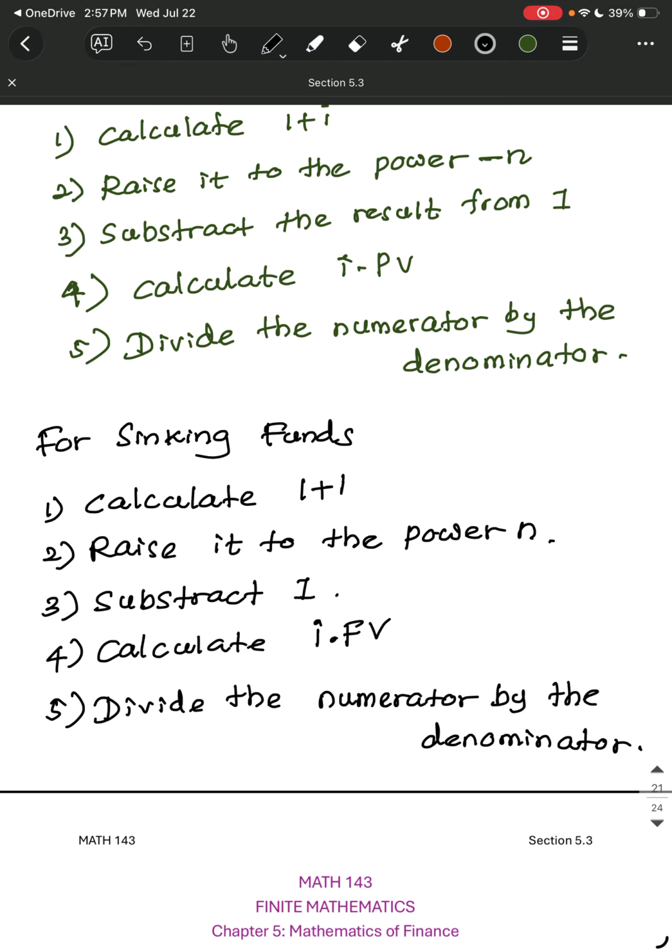For both types, we must carefully identify the periodic interest rate i, the number of payments or deposits n, and whether the known value is a present value or a future value. Remember: loan today, payments later, amortization; savings goal later, deposits now, sinking funds. Thank you for watching and I'll see you in the next lecture.